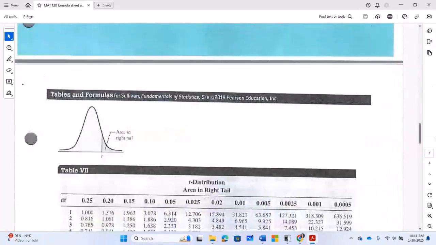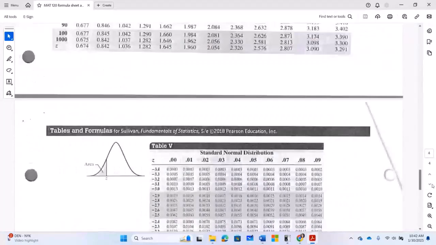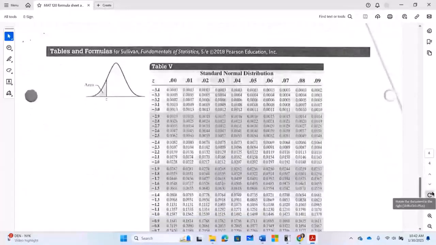All right, so now I am going to find the z-score. I'm trying to read my chart to find the area this time. So I'm looking for z. This is the z-score, and I want to find the area from negative 2.4.